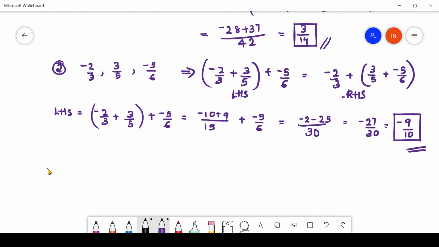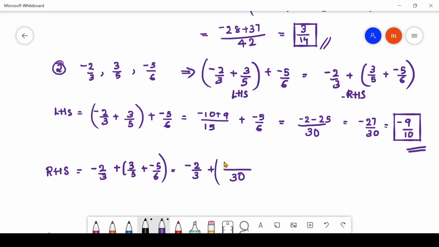Let us see the RHS as well. RHS is equal to negative 2 by 3 plus, 3 by 5 plus negative 5 by 6. Whatever is inside the bracket we solve first, right? 5 and 6 are the denominators, and we got the LCM as 30.